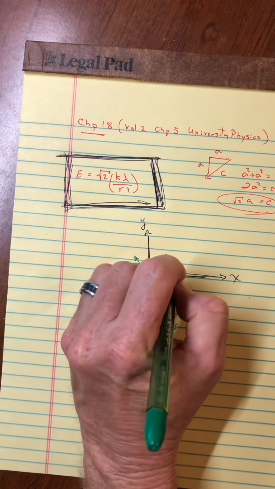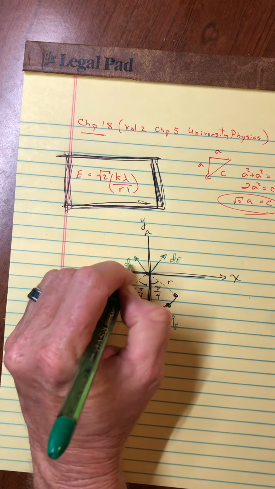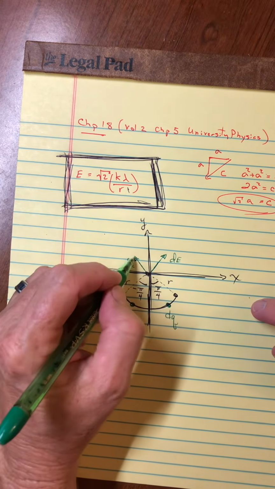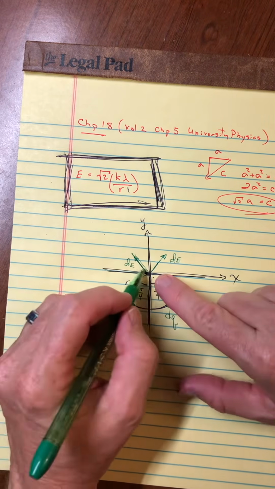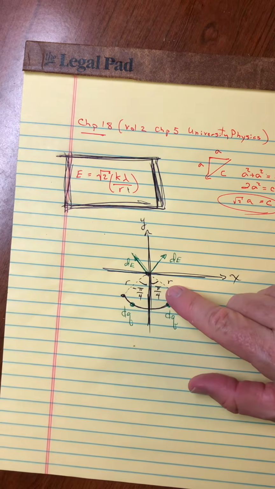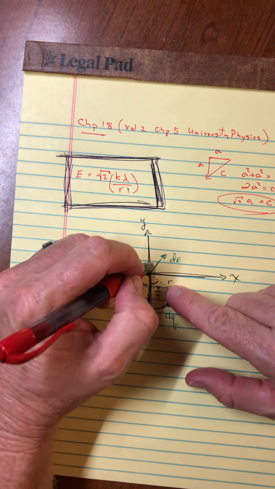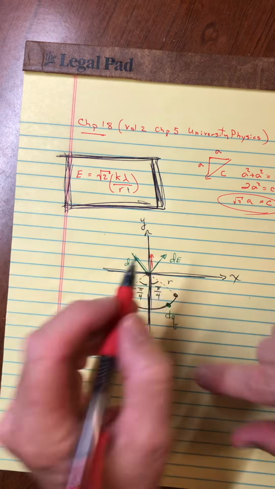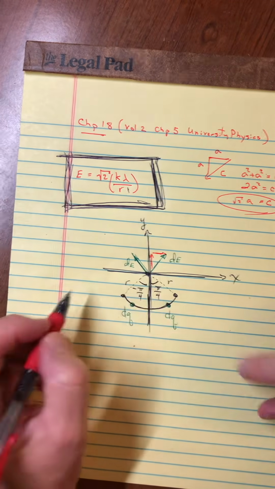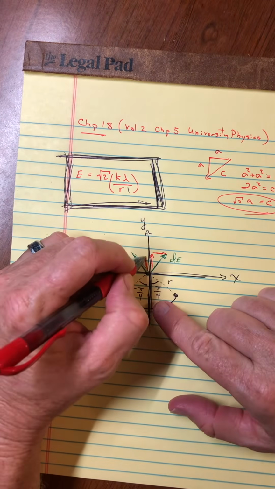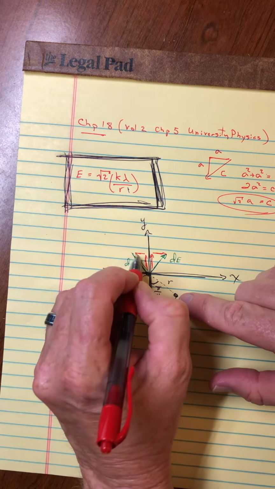And they would each have a magnitude of what I'd call a dE, okay? But again, hopefully you can see that this would be made up of a vertical component and a horizontal component. And then likewise, this would be made of a vertical component and a horizontal component.